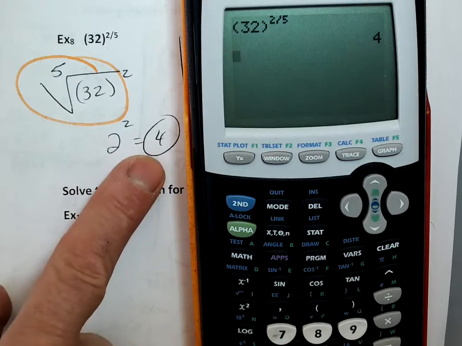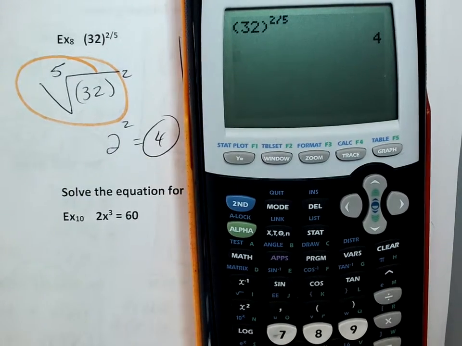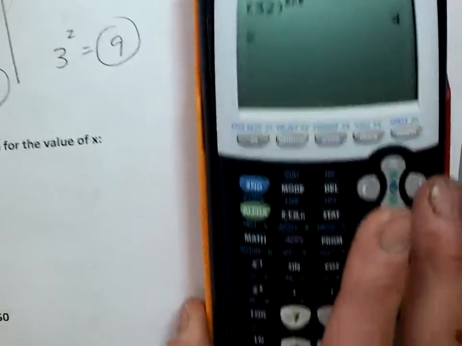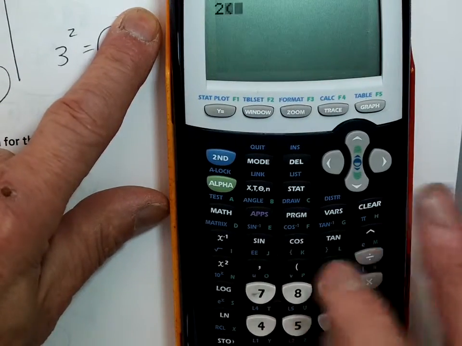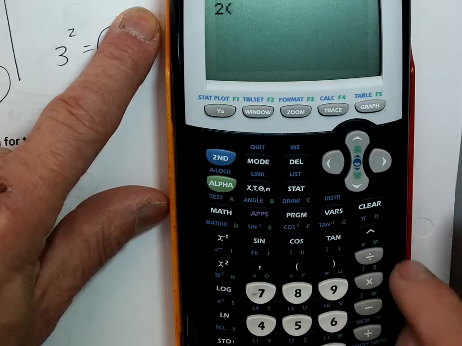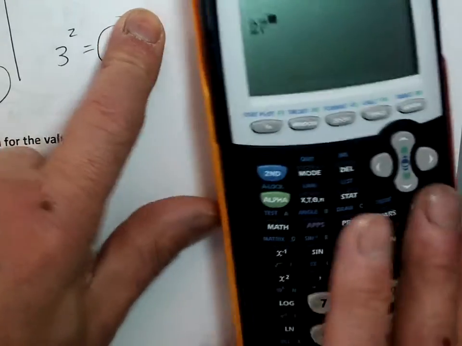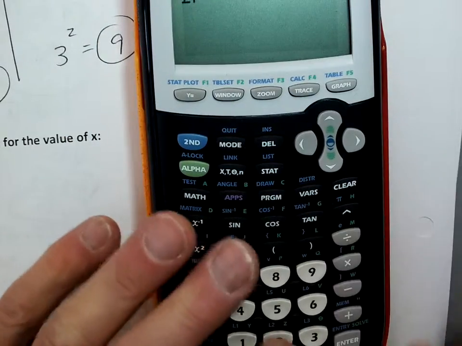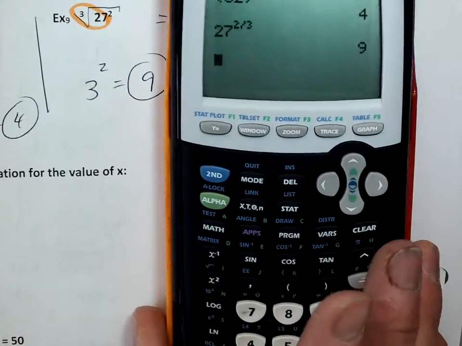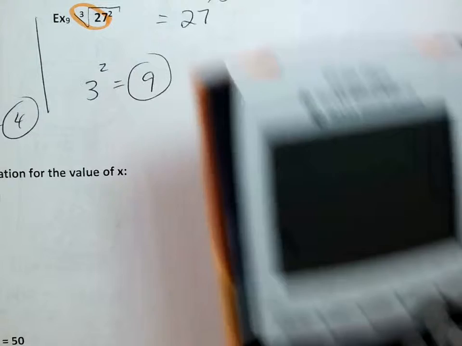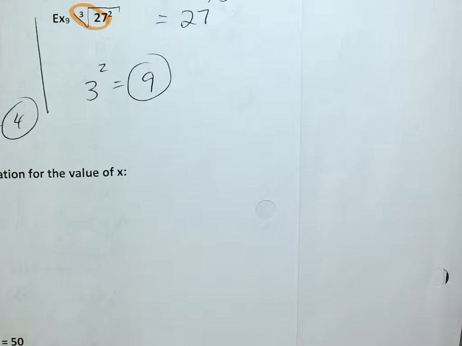Same thing on this one. I could go 27 to the 2/3. 9. I can do it in my head faster than finding a calculator, honestly.